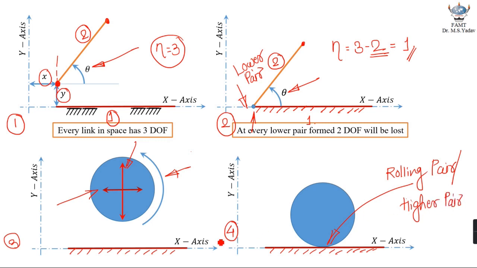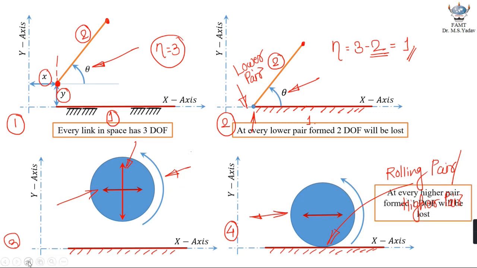So now this disk has formed a higher pair with a fixed link, and now how many degrees of freedom are lost? Let's check it out. In this configuration, the vertical movement of the link is now restricted. Now it can only move in the horizontal direction, and it can turn in clockwise or anti-clockwise direction. So after forming a higher pair, at the given higher pair, 1 degree of freedom is lost.